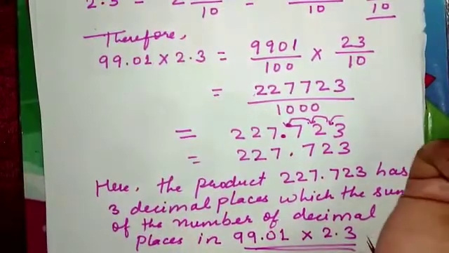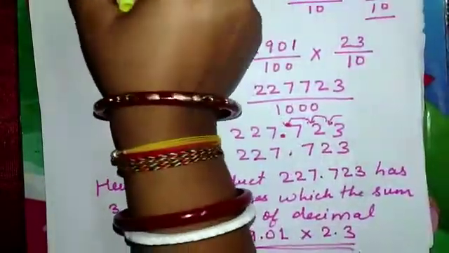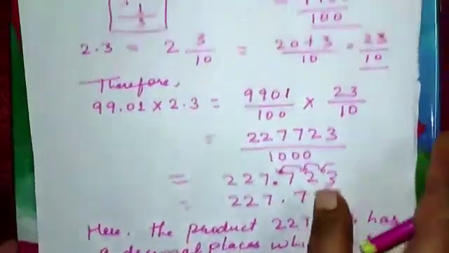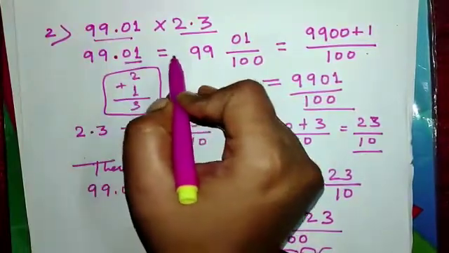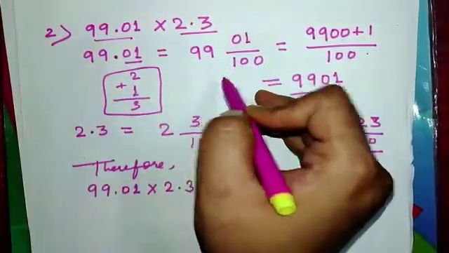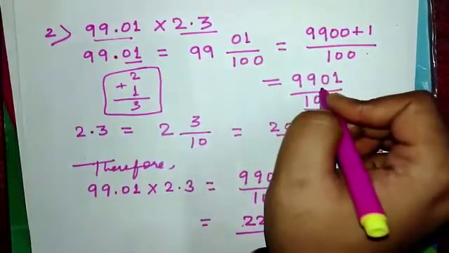Okay, got it? How to solve? First, you take the first number, then convert it into a mixed fraction, then solve it in fraction.